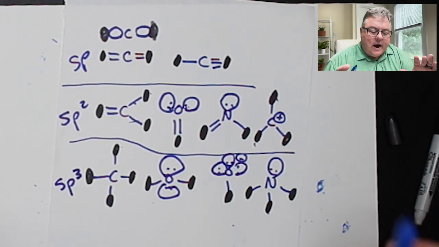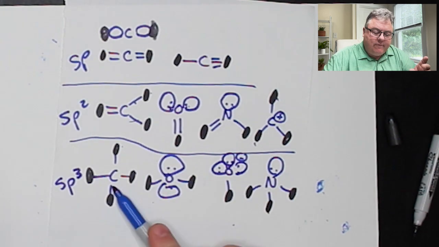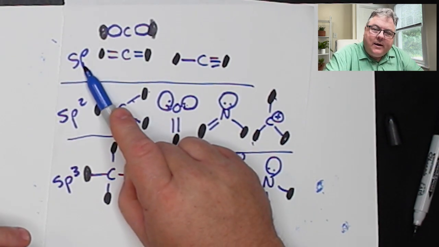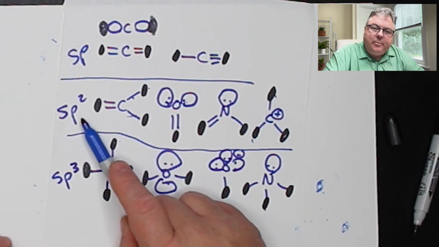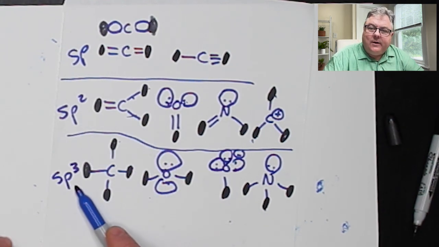So right now, I just want you to focus on whether it's two things, three things, or four things. If it's two things, that atom will be sp hybridized. Three things, it'll be sp2 hybridized. And four things, sp3 hybridized.